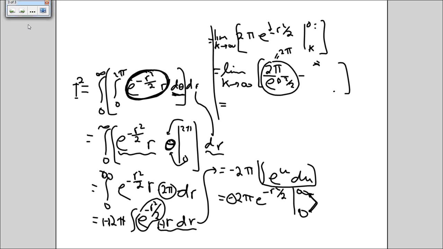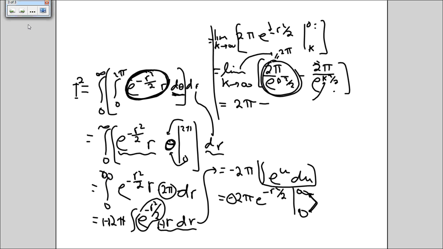So it is 2 pi over e to this k squared over 2. This is just 2 pi. As k goes to infinity, it doesn't care about 2k. As k changes, 2 pi is a constant. k is infinity.